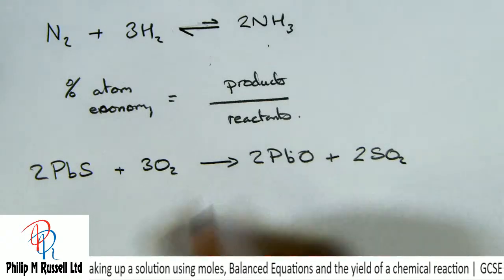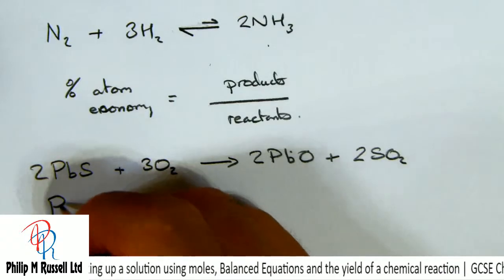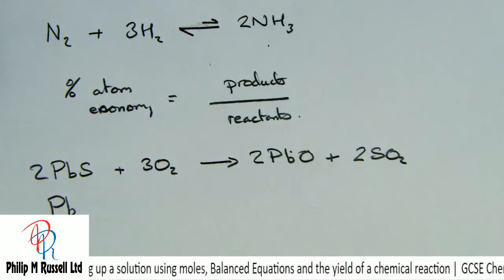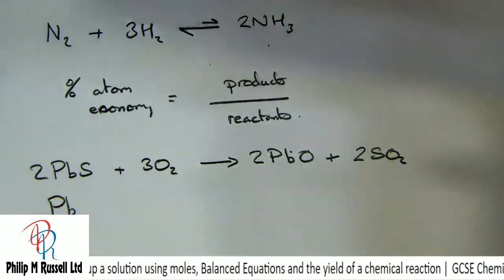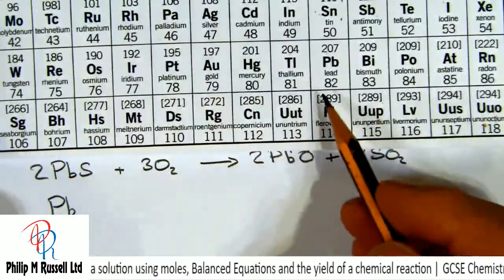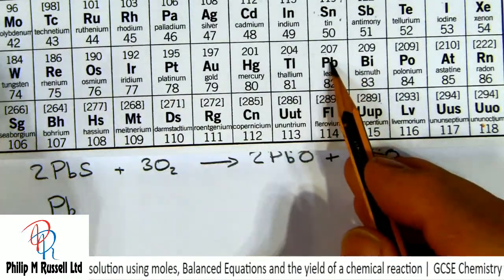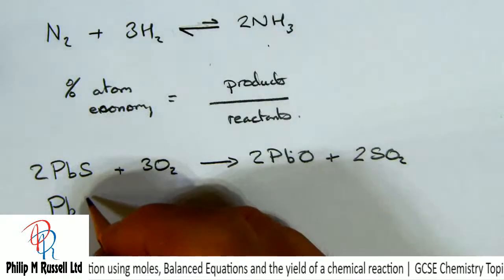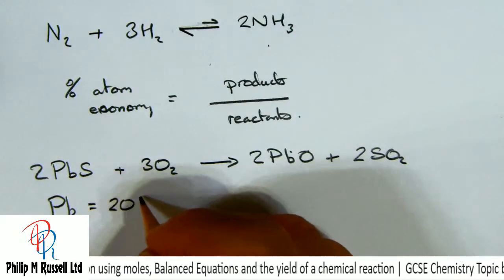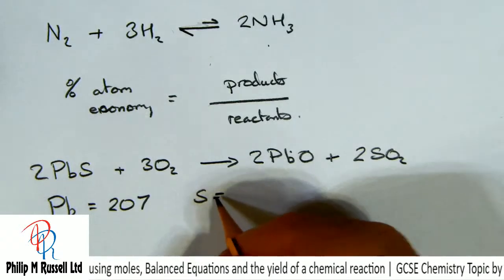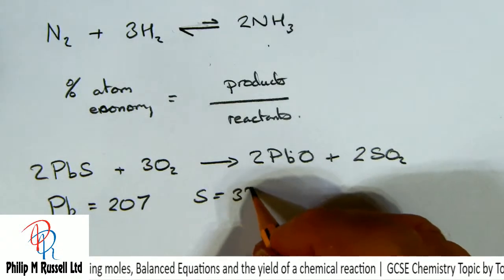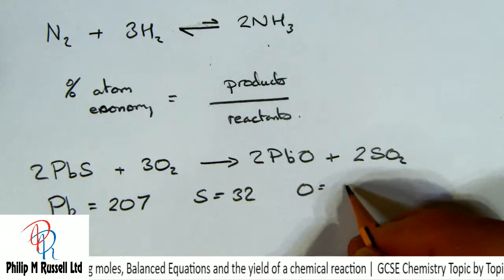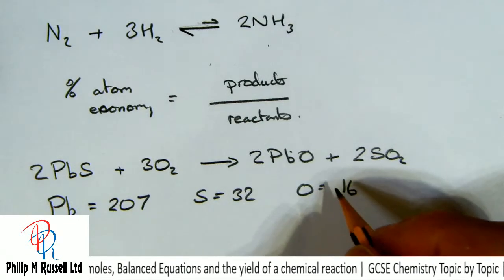What do we know? I know from my periodic table that lead has a mass of 207. I remember sulfur is 32, and I can remember oxygen is 16.